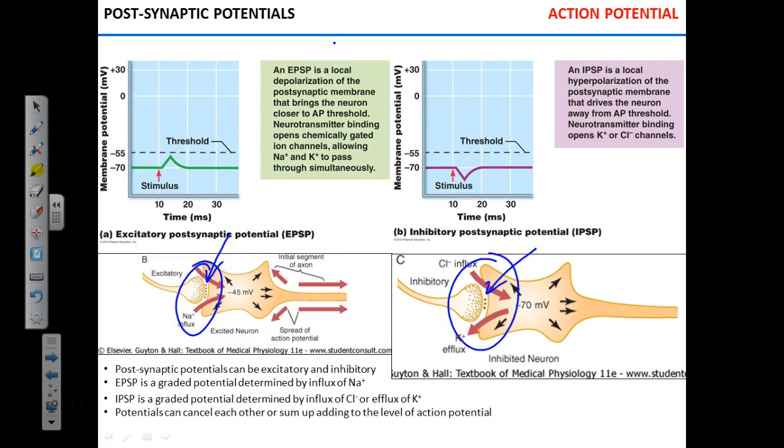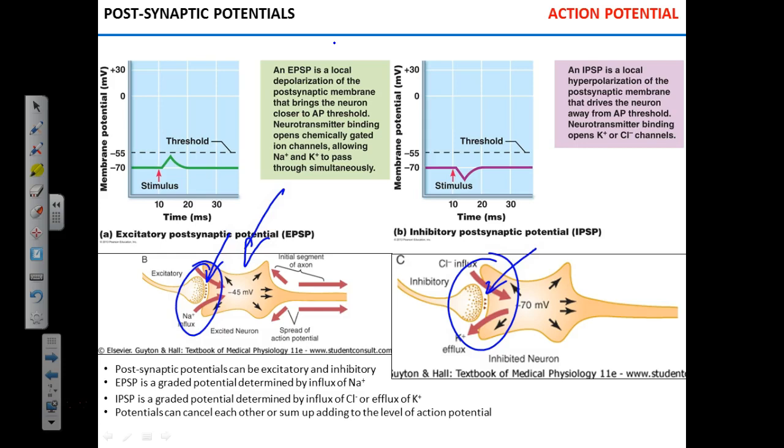Those really tiny dots are neurotransmitters. Neurotransmitters can be excitatory or inhibitory. When we talk about excitation, what does that mean in relation to the changes in membrane potential on the postsynaptic neuron? Excitation means what?